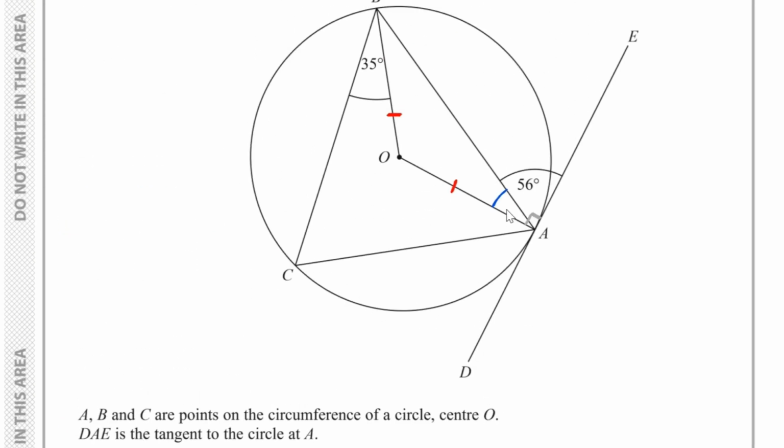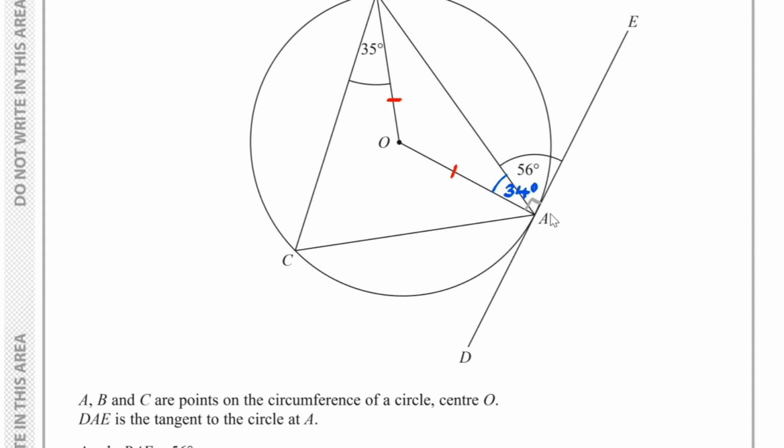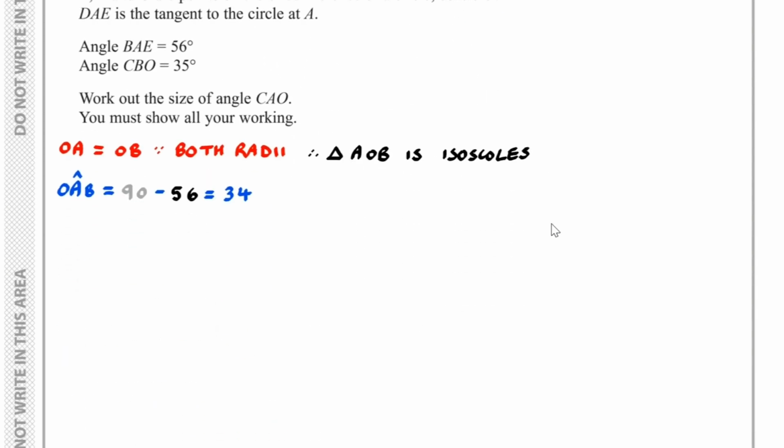So we have 34 degrees here. And therefore, let's write down the reason for that. The tangent meets the radius at 90 degrees.